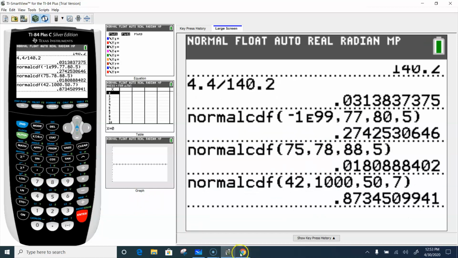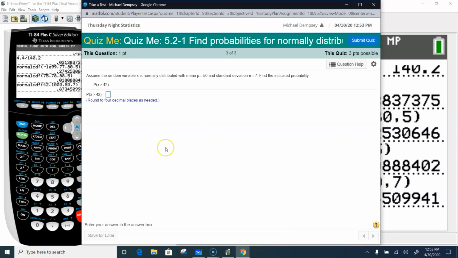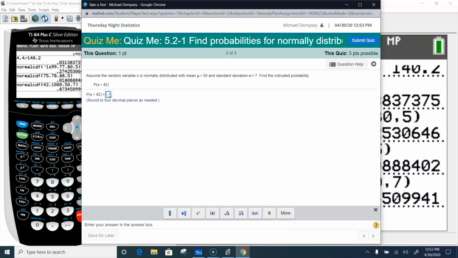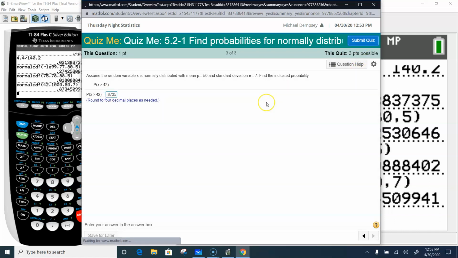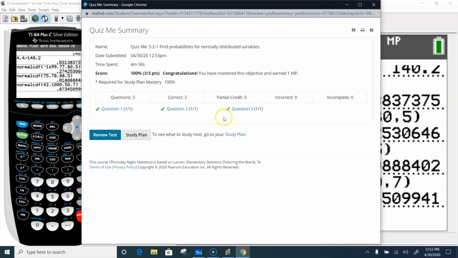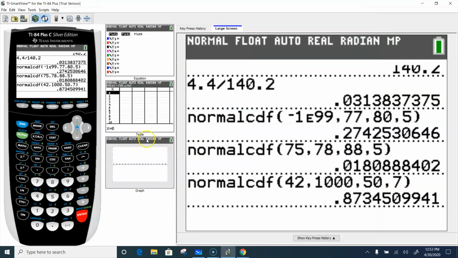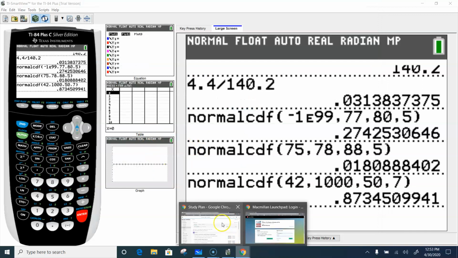I get 0.8735. Looks like we're ready to submit. Okay, great. So that's our normal CDF stuff. Not too bad.